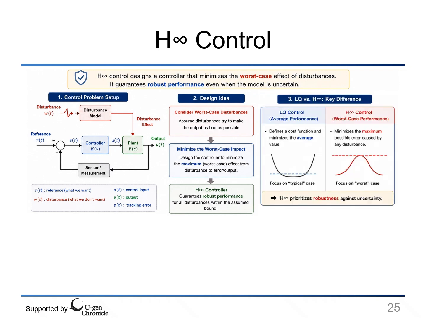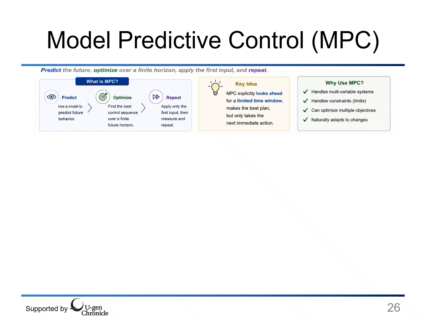Of course, this robustness sometimes comes at the cost of being more conservative. So if LQ says, let's optimize expected performance, H infinity says, let's make sure the system still behaves well, even under difficult conditions.